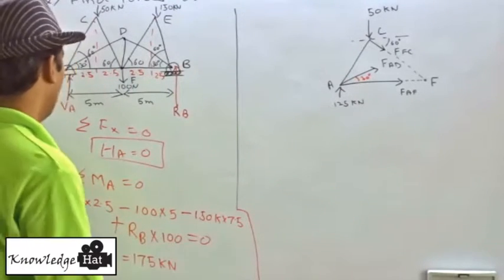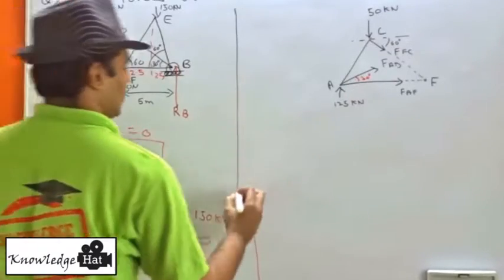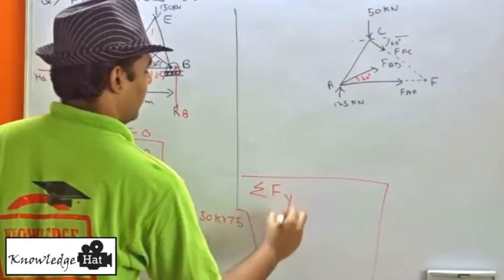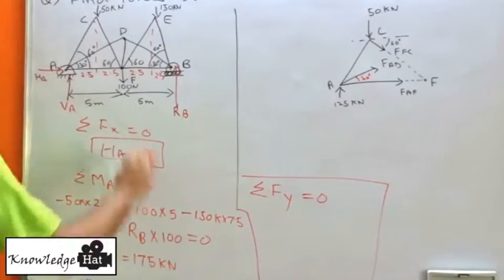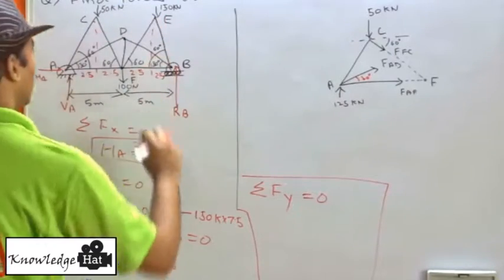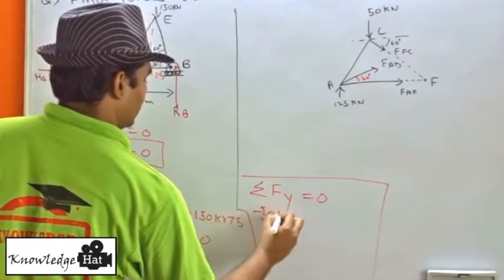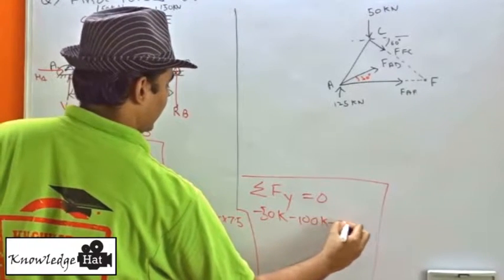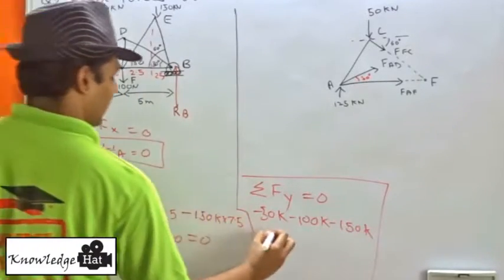Now we can directly apply summation Fy. So we continue here, summation Fy, and we equate it to 0. There are three forces in downward direction, so they will be negative, which is minus 50 kilonewtons, minus 100 kilonewtons, and minus 150 kilonewtons. And this RB is in positive direction.